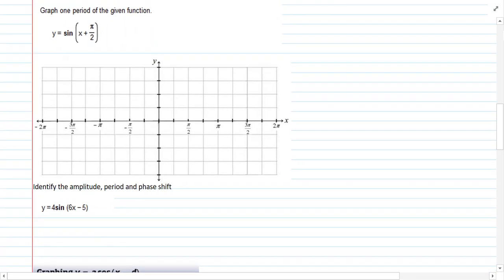All right, so here we know we have the graph y equals sine of x plus pi halves. And we're going to do the math. In this case, we still have this argument.